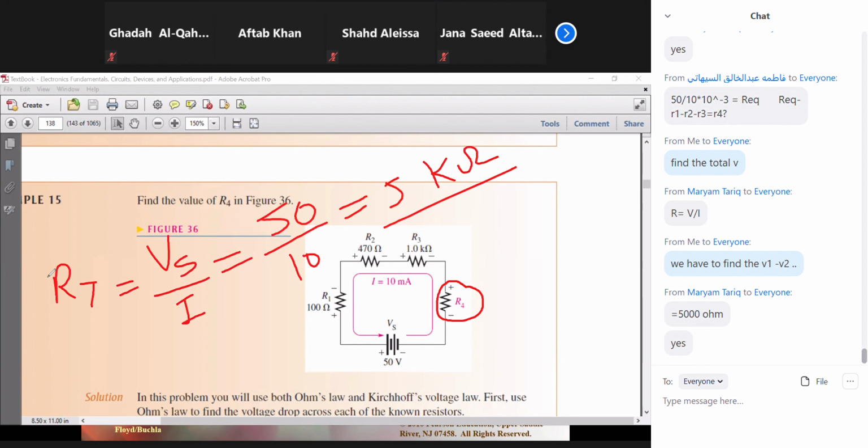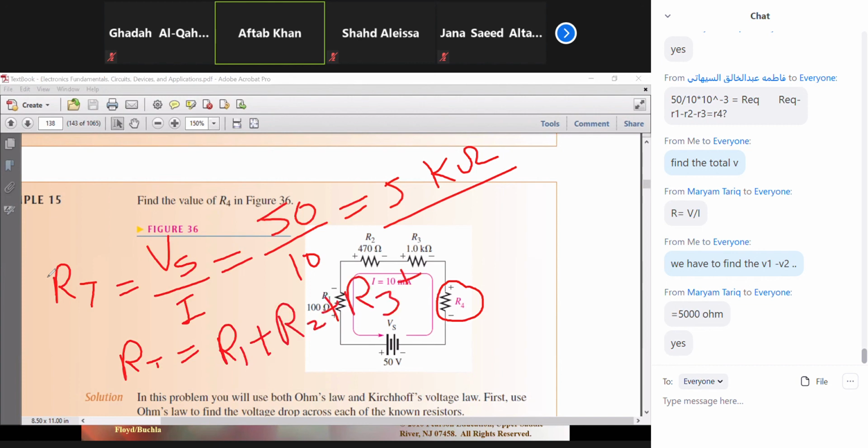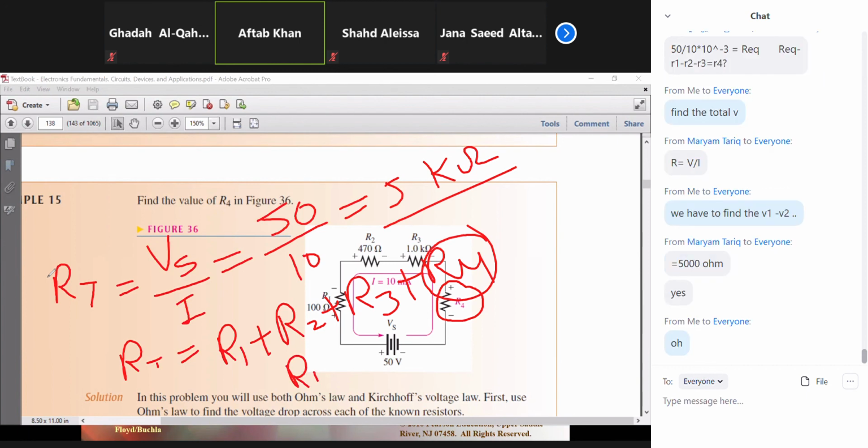Now you can say RT is equal to R1 plus R2 plus R3 plus R4. Now the unknown is R4. So R4 will be 5,000 minus the sum of R1, R2, R3.